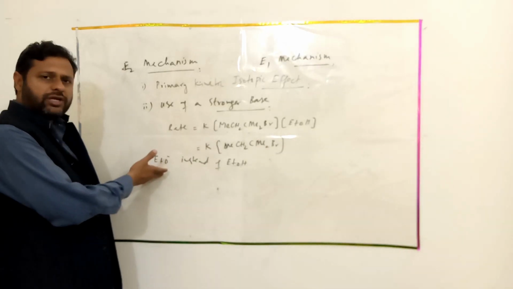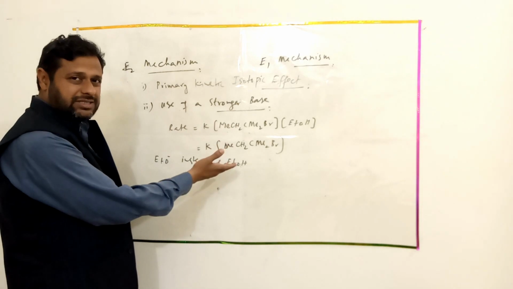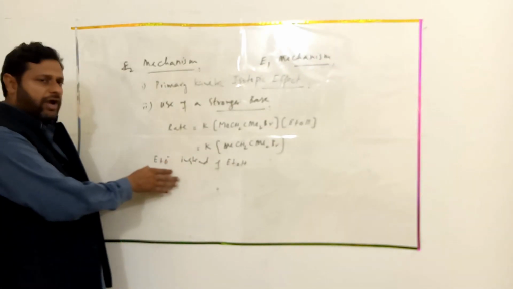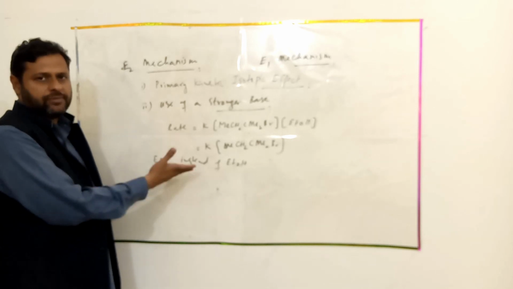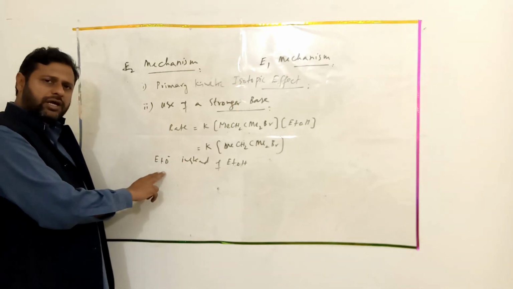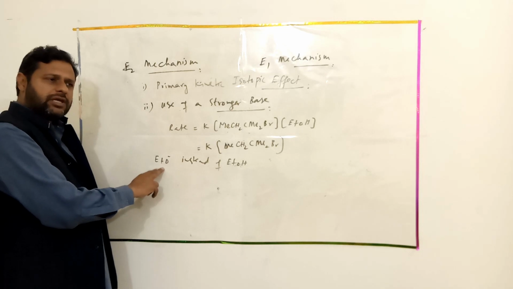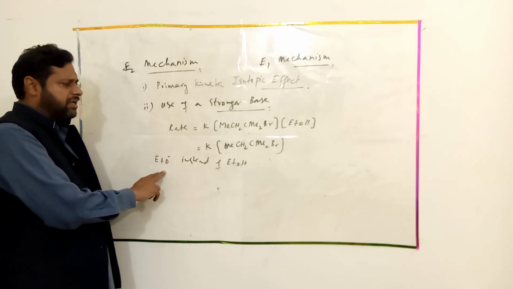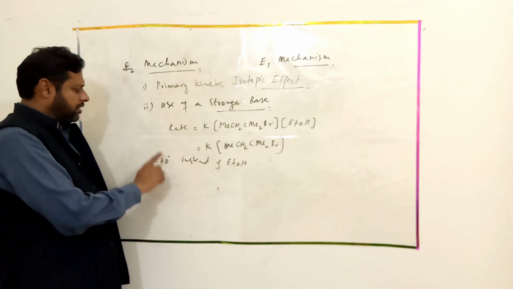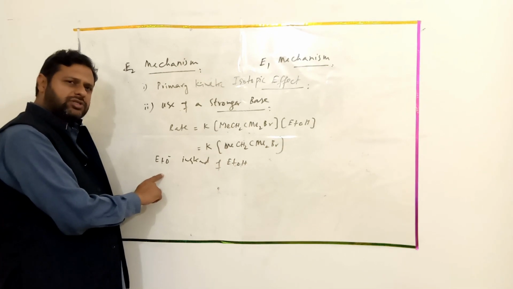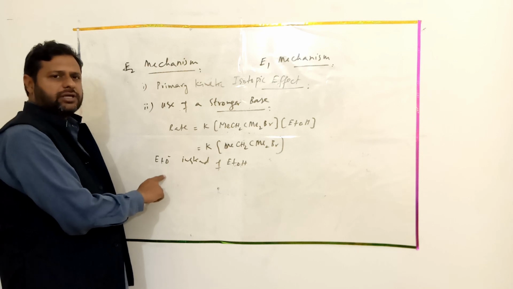If it changes the rate of reaction, it means the reaction is E2, and if the addition of ethoxide does not change the rate of reaction, it means the reaction is E1. So by introducing ethoxide as a stronger base, if it changes the rate of reaction, it means the rate contains two molecules and it is E2. But if the presence of ethoxide ion does not change the rate of reaction, it means the reaction is E1.